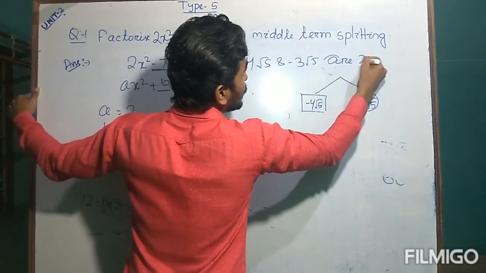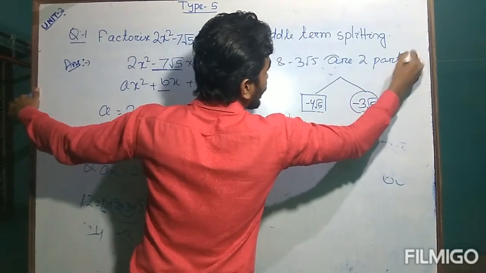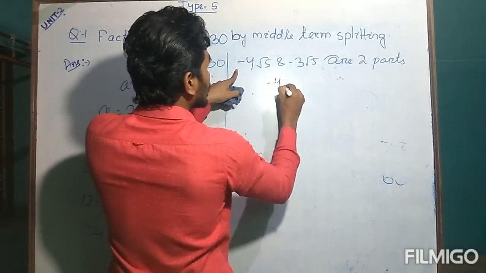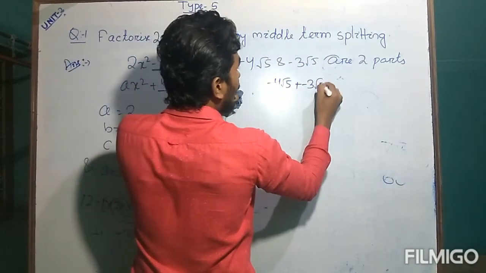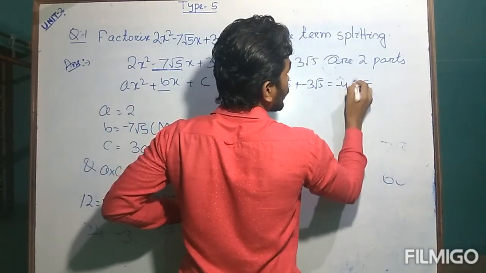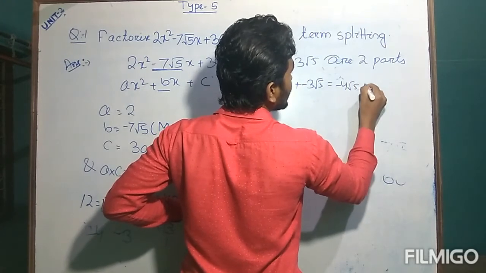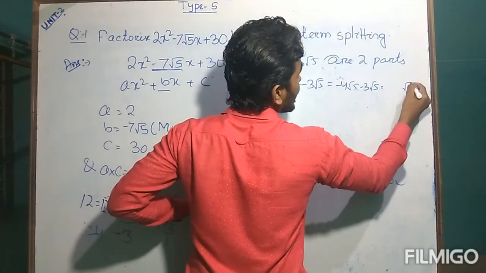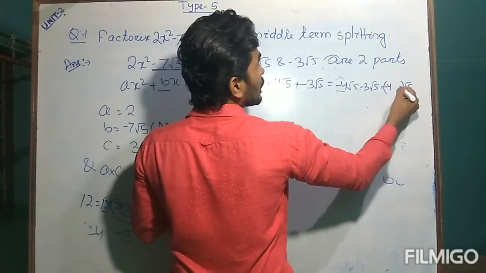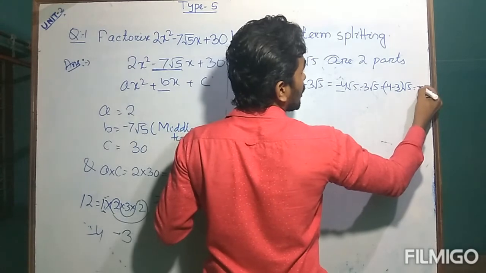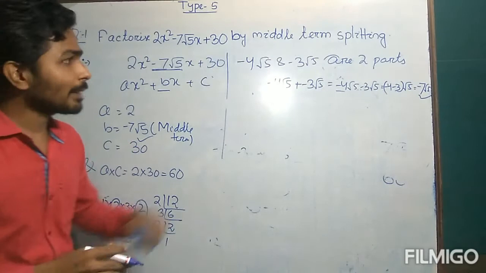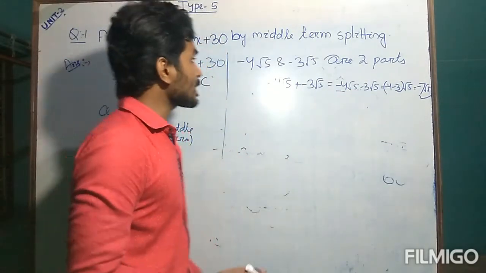Their addition, minus 4 root 5 minus 3 root 5, with root 5 taken common, gives minus 4 minus 3, that is minus 7 root 5. You can see here we need minus 7 root 5, and this addition also gives minus 7 root 5.